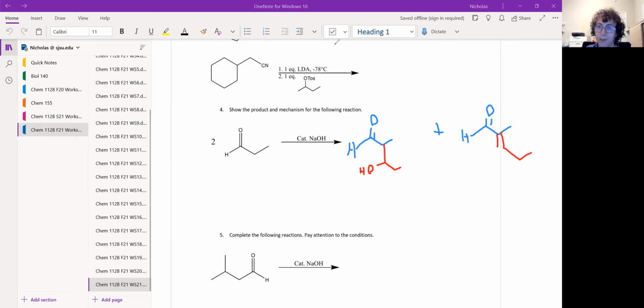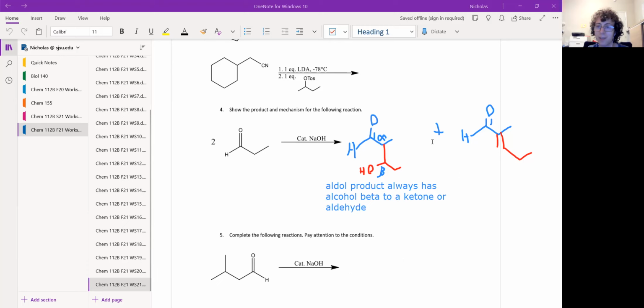The first one, the aldol product, if you're looking at the carbonyl carbon, this is alpha and this is beta. So the alcohol is beta to the carbonyl. And this is always going to be what an aldol product looks like. They happen with aldehydes and ketones, but every single time the product will have an alcohol beta to the ketone or aldehyde.